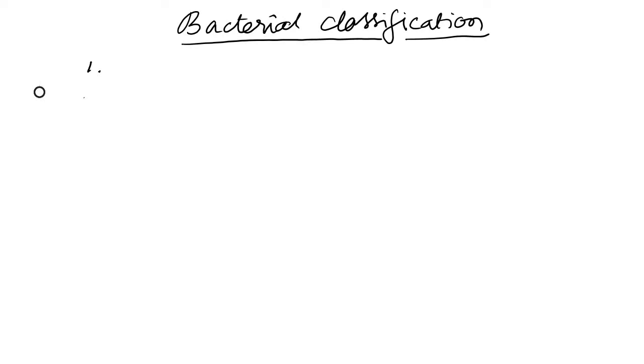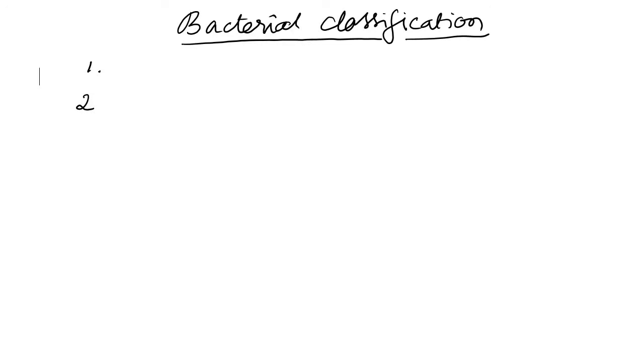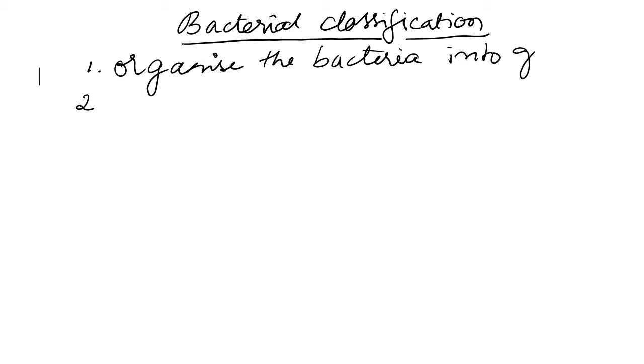Number one, we need to organize the bacteria which we have isolated or are studying into groups and species so that we can relay the important information about them to our scientific community.